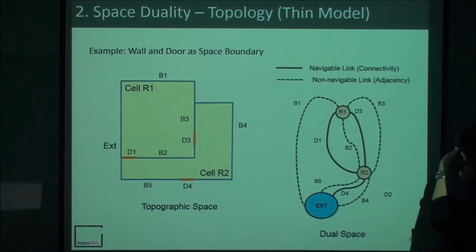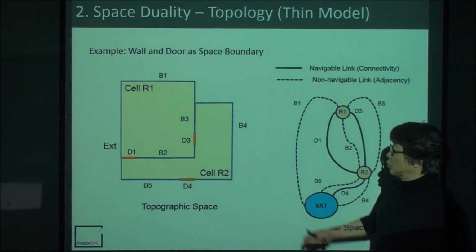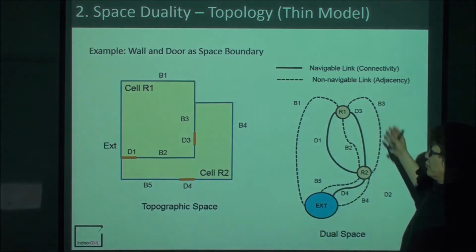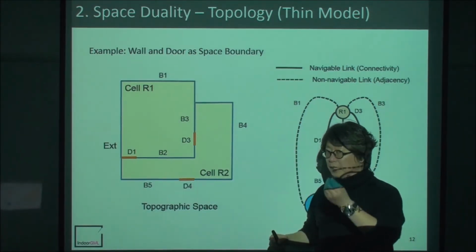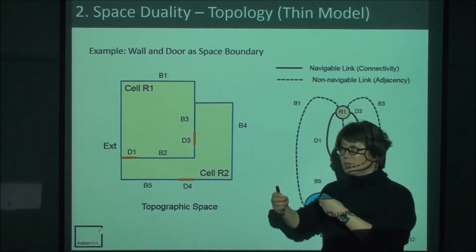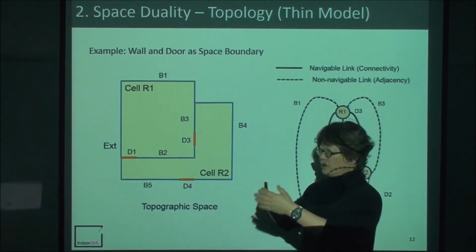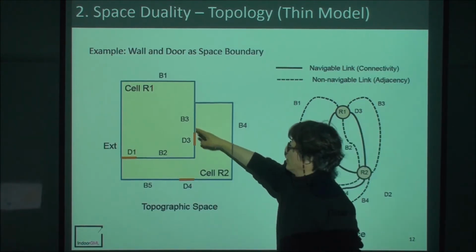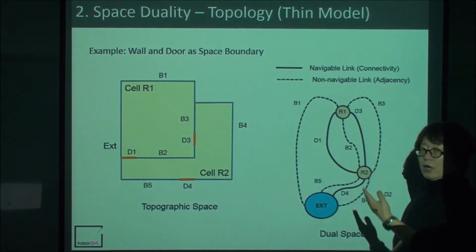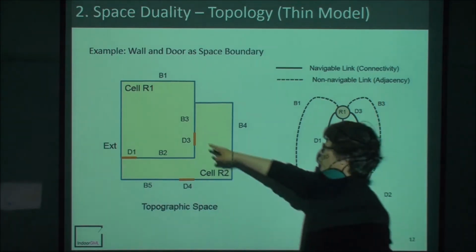This is another interpretation of the space duality between the original space and graph space. But in this case, we consider the wall as a kind of paper wall. We don't accept the spatial extent of the wall. In this case, the wall is considered as a simple boundary shared by two rooms.